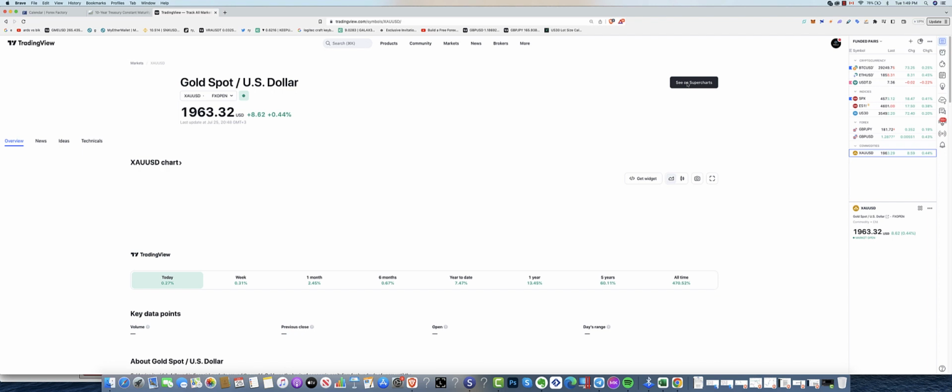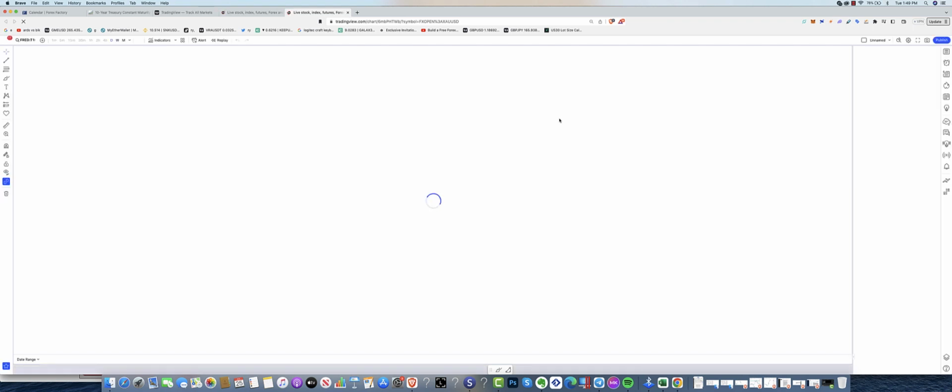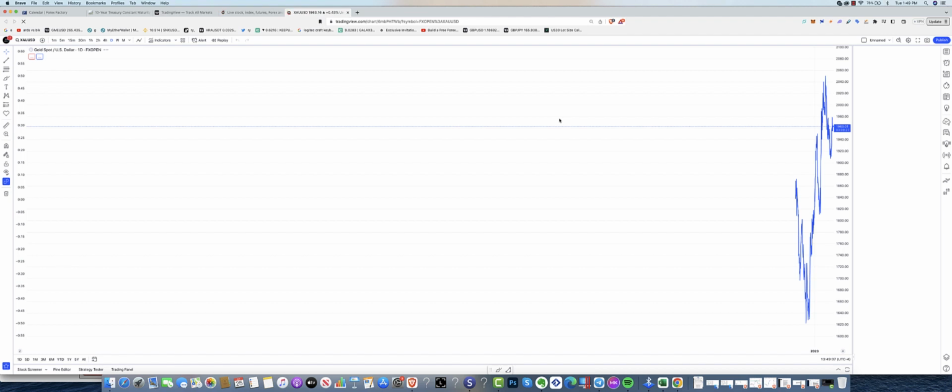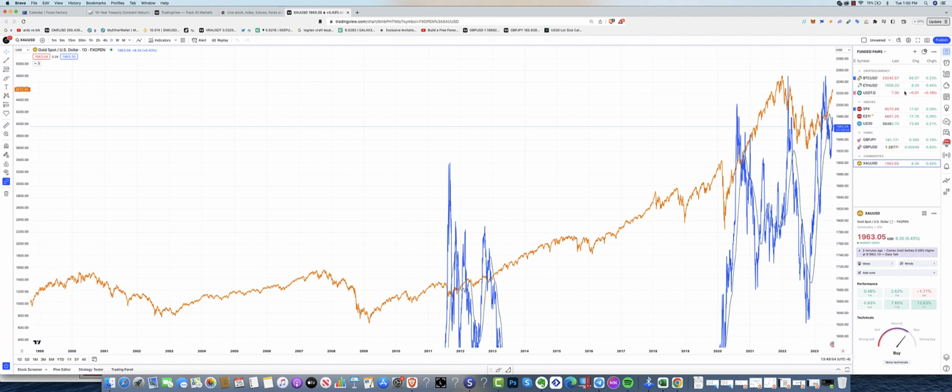So let's look at the gold price right now. Okay, so let's look at the gold chart.